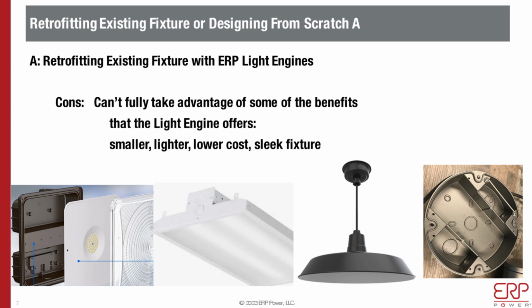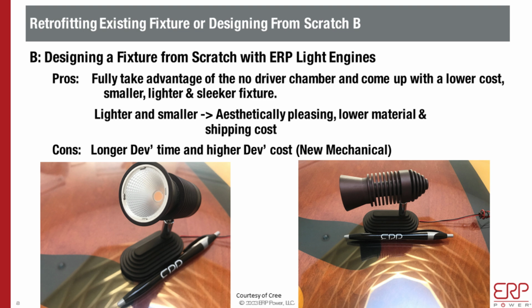Also, that housing will go away, or on the one where at the top you see the housing where the driver sits, all of that can go away. So the con of this approach is that you cannot fully take advantage of the size reduction because you're sticking with the existing fixture. That is the con with going with the existing mechanical design.